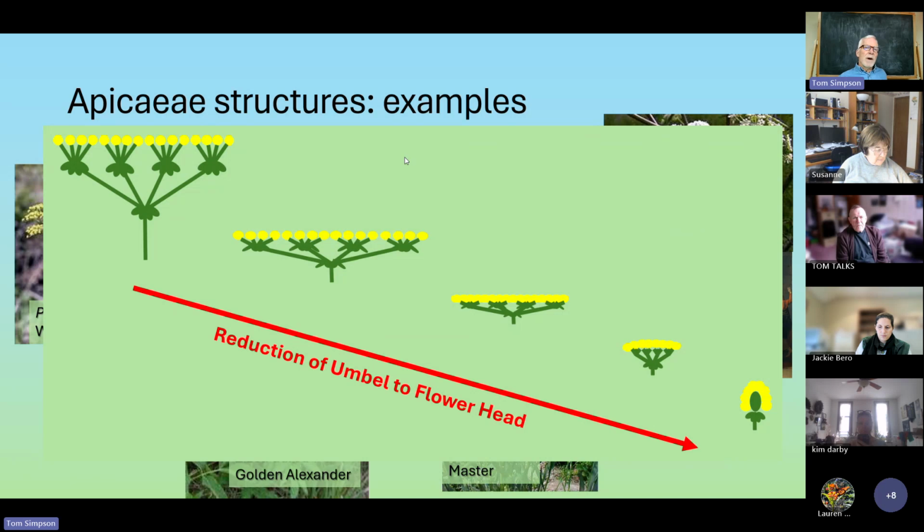And why would you do that? Well, it's the same reason you might have drawn together flowers that were scattered over a whole plant into this flat-topped inflorescence. When an insect visits this, it walks across the top of the inflorescence and potentially pollinates many plants.